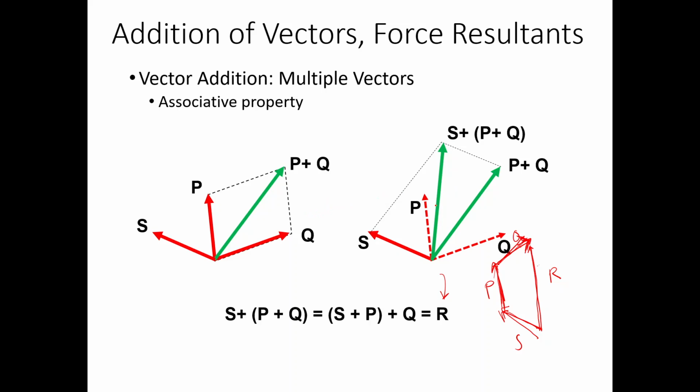Okay, so it doesn't matter if you add up P plus Q first and then add S later, or add S and P first then add Q later, or S plus Q first and then add P after. So it will still result to R.